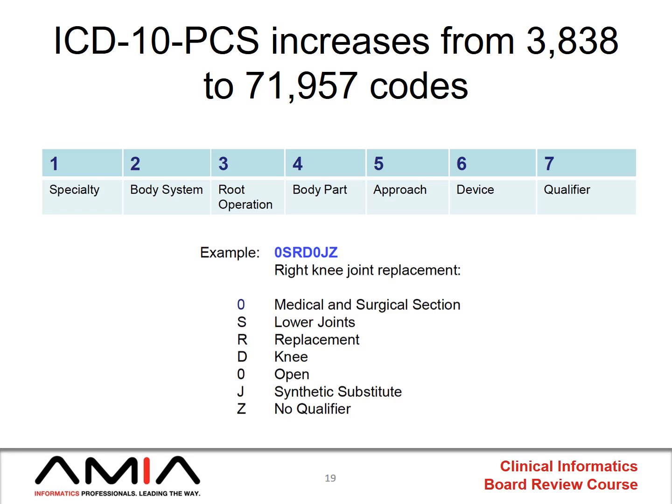ICD-10-PCS likewise massively extends out the number of procedure codes. And they too have location of numbers and letters in various parts of the code to indicate aspects of the procedure.